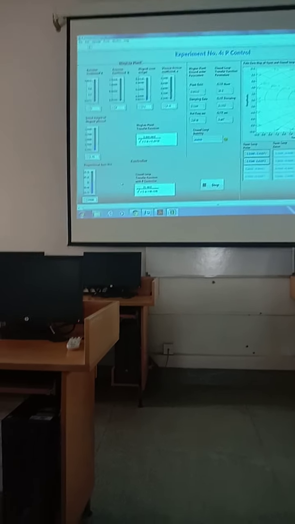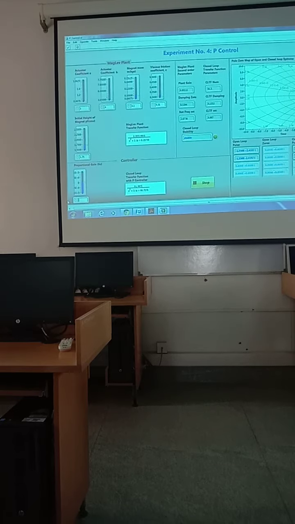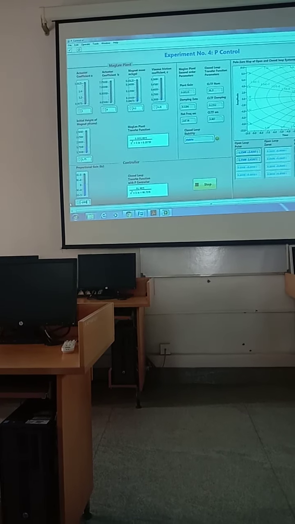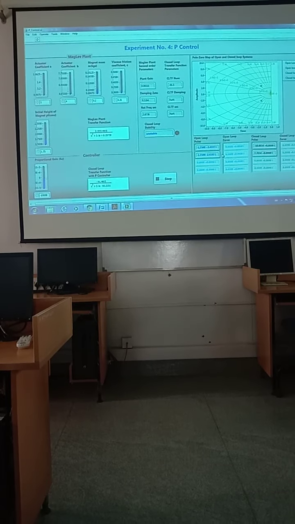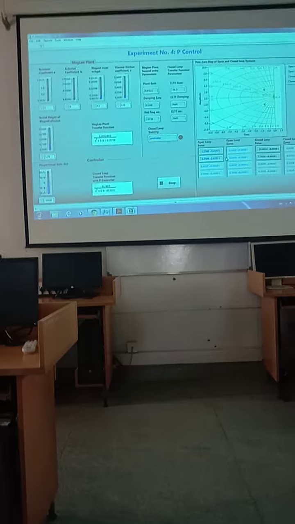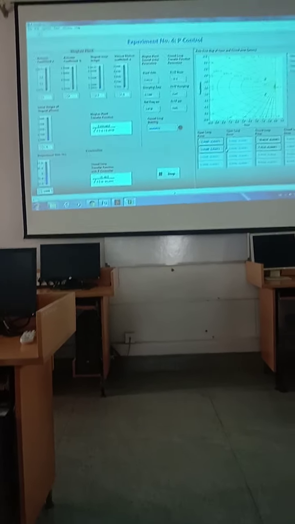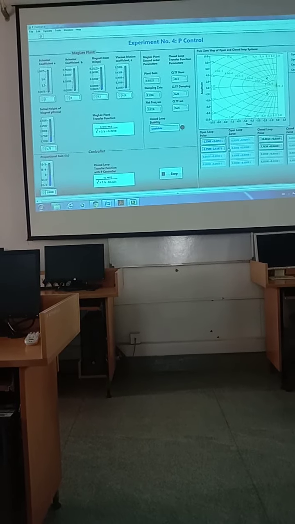Okay. So now, if I give a larger negative value, what will happen? See, once the larger negative value is given, what happens to the system? The closed loop poles come to the right side of the S-plane.